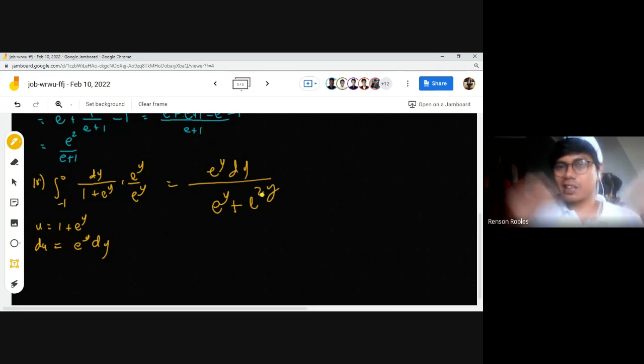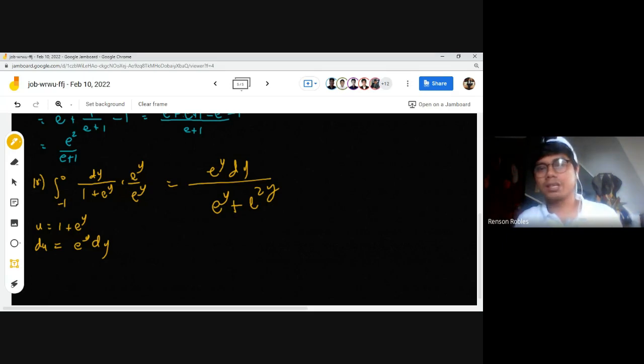Okay? And it gets complicated because there are two powers of e. One is y and the other one is 2y. So ibig sabihin, when you multiply both the numerator and denominator by e to the y, it gets a little complicated at hindi natin na-achieve yung form na hinihingi sa atin. You get my point? Okay?